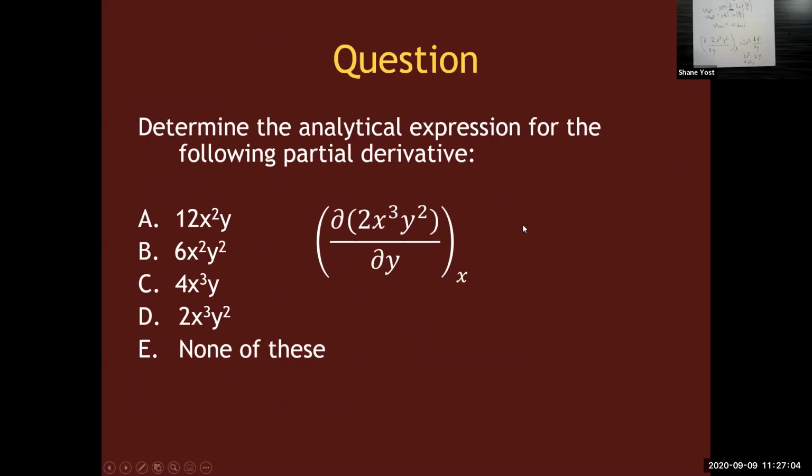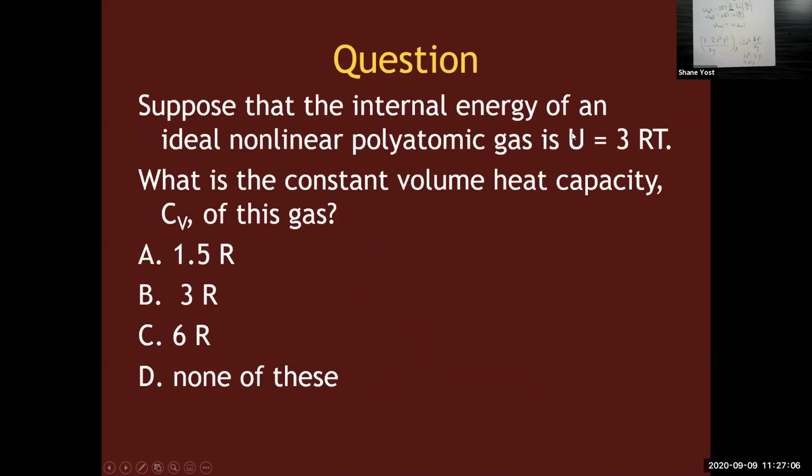So if I take the derivative of U with respect to temperature, holding everything else constant, I get d/dT of 3RT, which just gives me 3 times R. So B here would be the constant volume heat capacity of my gas, assuming U is equal to 3RT.